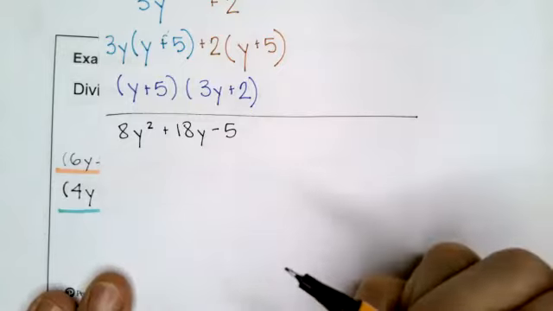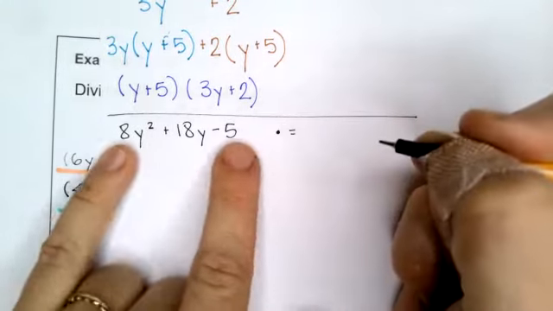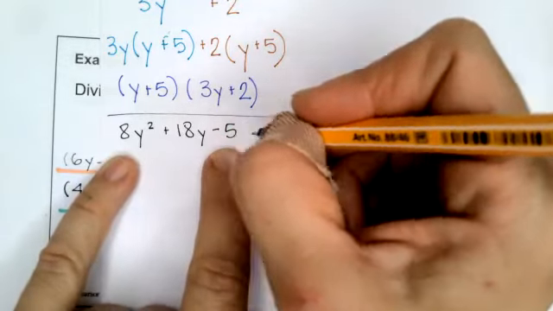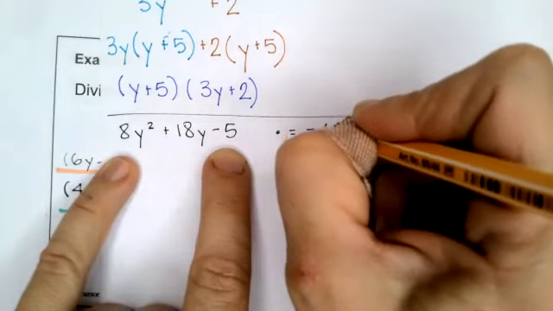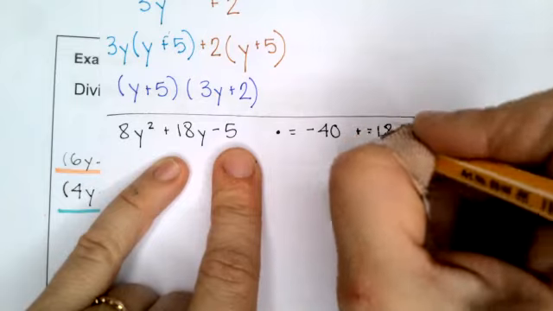I can't factor anything out immediately, so we need to multiply two numbers to get -5 times a +8, which is going to be a -40, right? And we need to add to get a +18.